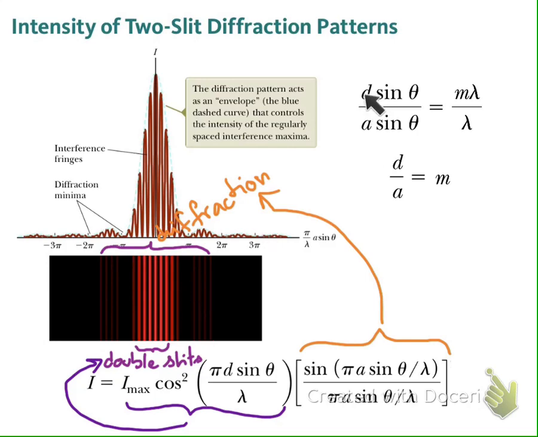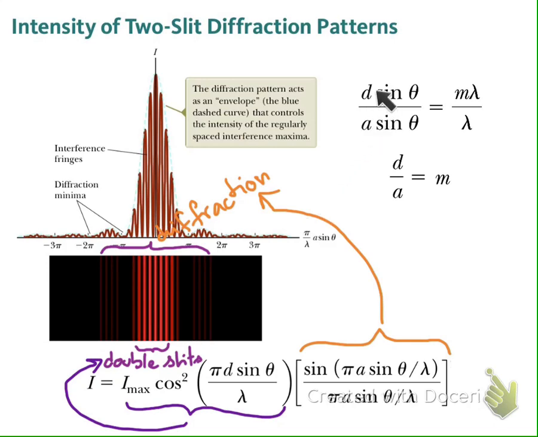And also we have d sin theta equal to m lambda. It means that for the same lambda we have m fringes from the center to the first dark fringe, and this angle theta is the angle for the interference pattern at the center of the dark fringe.